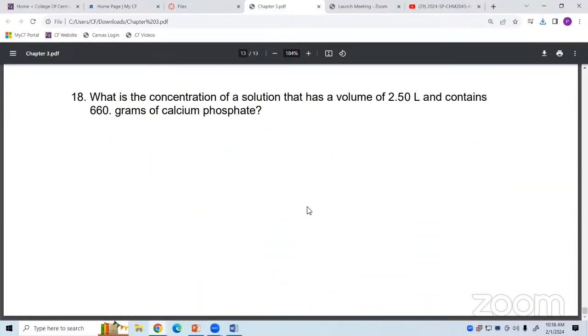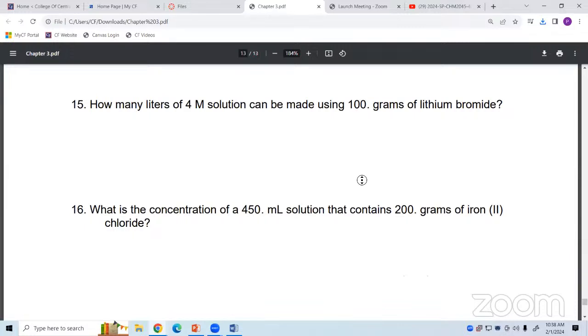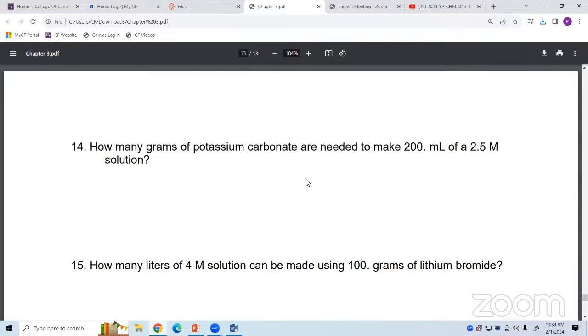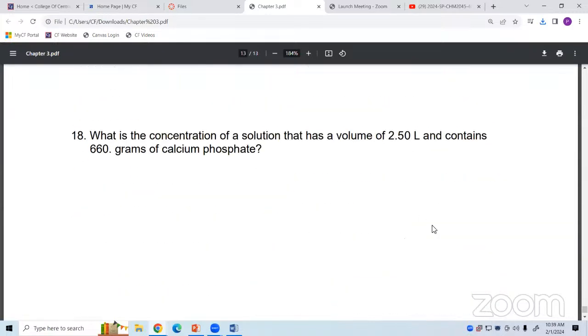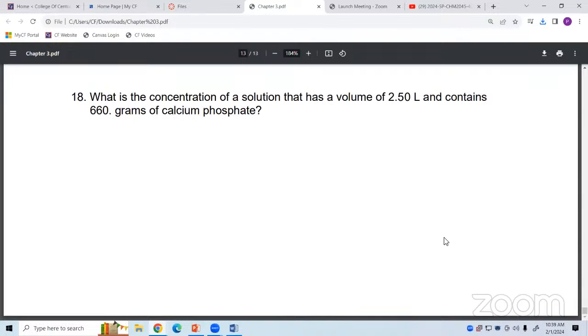Actually, no, up to 18. So basically the rest of the assignment you should be able to do. Now, I just realized that there's no solution stoichiometric type problems here. So what I'm going to do is come up with one and post it, or maybe I'll attach it to the end of this assignment. And I'm going to leave that for next class, all right? But pretty much all the questions here now you should be able to do.